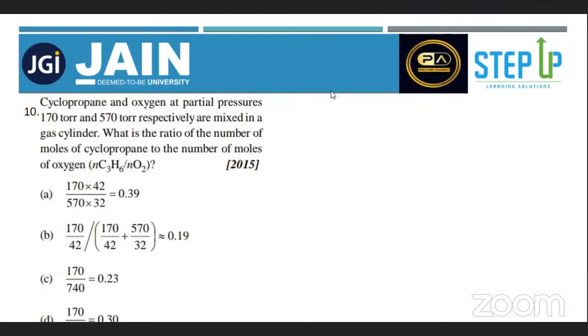Anyone? Okay, let's see. By the gas equation, PV is equal to nRT. From this, if volume and RT are constant, I can say that the pressure will be proportional to the number of moles.